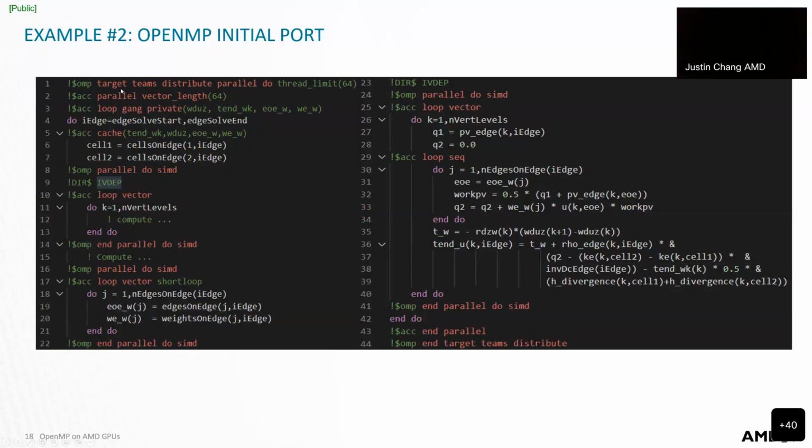So we apply the OpenMP target teams distribute with the same thread limit as stated up here. And then we also apply all the corresponding OpenMP parallel do SIMDs. And then for the ACC loop sequential, we don't do anything here, because if there is no OpenMP parallel, then these do loops by default will operate sequentially.